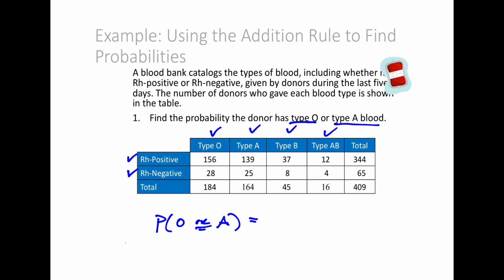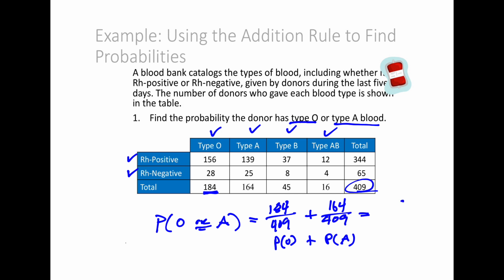We're selecting one donor. The probability they have O is going to be found here under the total. There's 184 out of the total, which the number of donors was 409. Plus type A, so this is the probability of O. Probability of A is 164 out of 409.